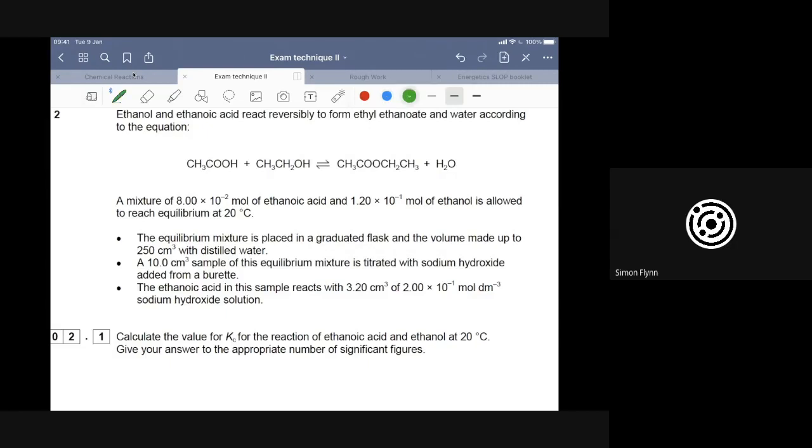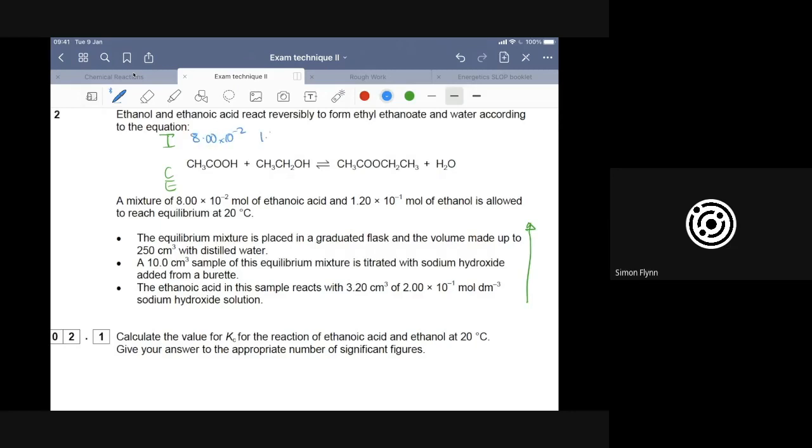What I would say is, when it's a titration, you basically are working backwards, sort of. So they give you the initial. They give you ethanoic acid. Where is that? There it is. They give you ethanol.